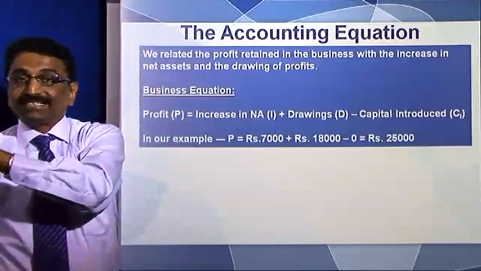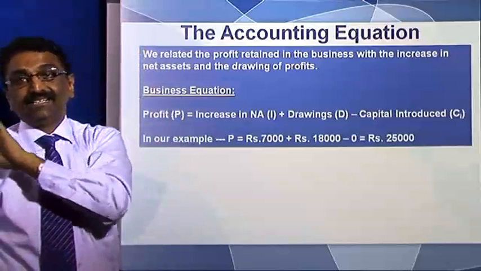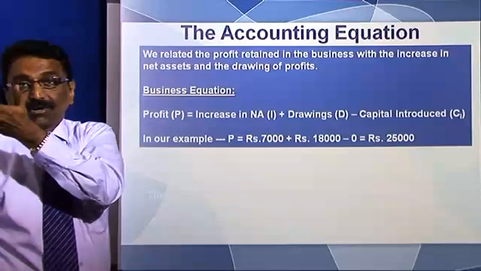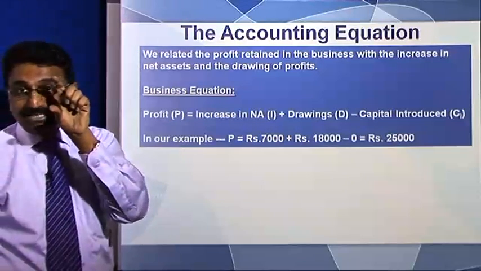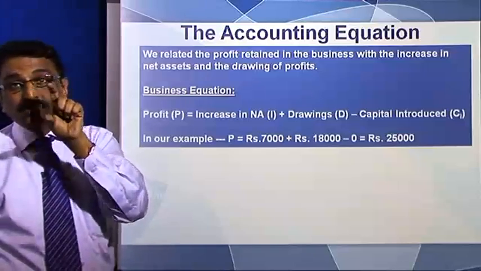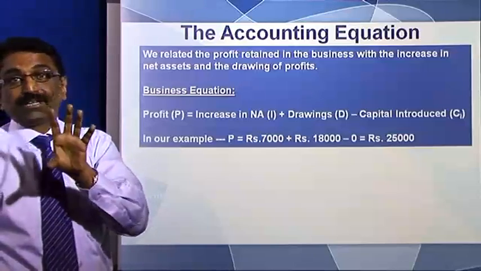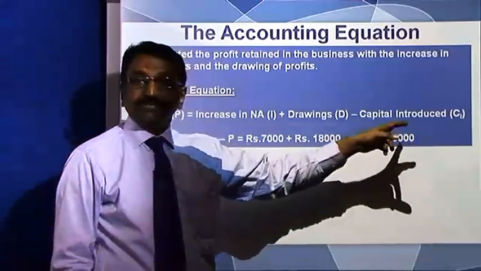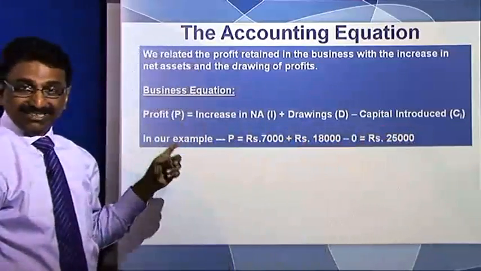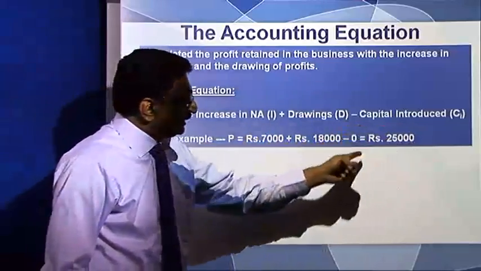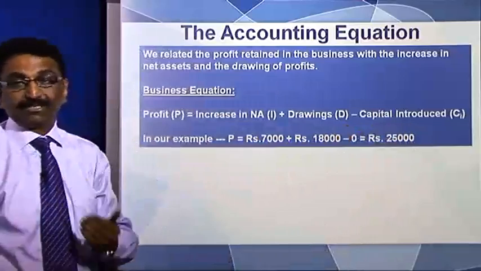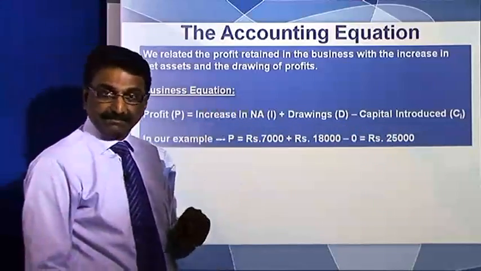Obviously, it would have reflected on the asset side as cash balance. So, the assets would have gone up by 10,000, but there is no additional outside liability. Liability would have remained the same. So, this figure would have looked like 35,000, which is wrong, which is not the case. So, we need to remove that 10,000 rupees and then arrive at 25,000 rupees. We will see an example down the line which will clarify this better.